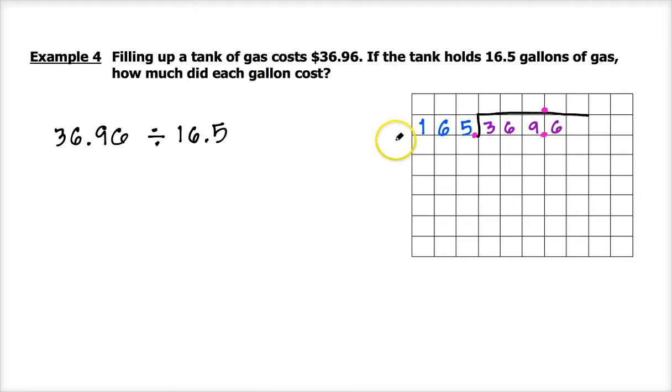We know, let's see, 165 is close to 160. 160 times 2 is 320, so maybe I could try a 2 here for 165. 165 times 2 gives me 330, so 2 will work.